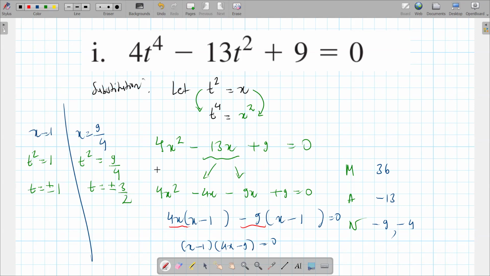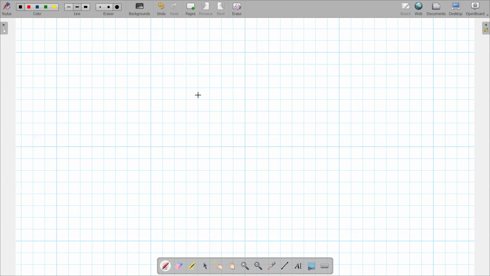Here's something you want to keep in mind. So that's the answer to this question. This is way easier than doing it the synthetic way. This is going to sound a little bit weird, but square root of 4 is 2.